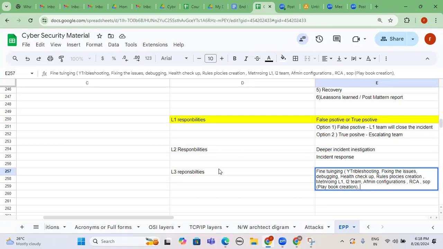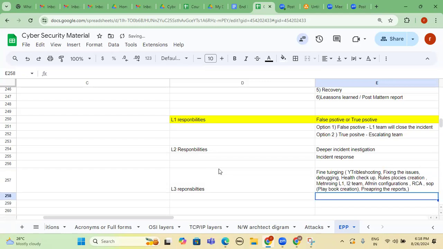Also sending the reports to customer and client, preparing the reports. Even dashboard creation. So these are all the roles and responsibilities related to L3.